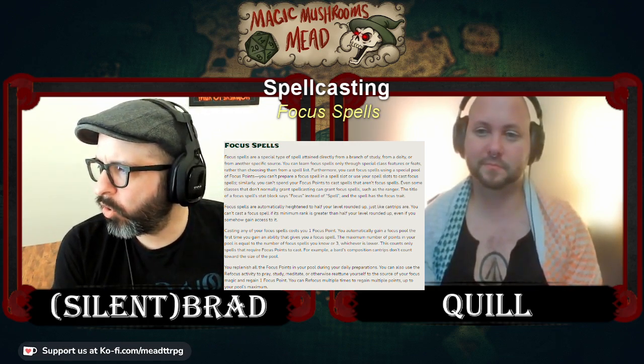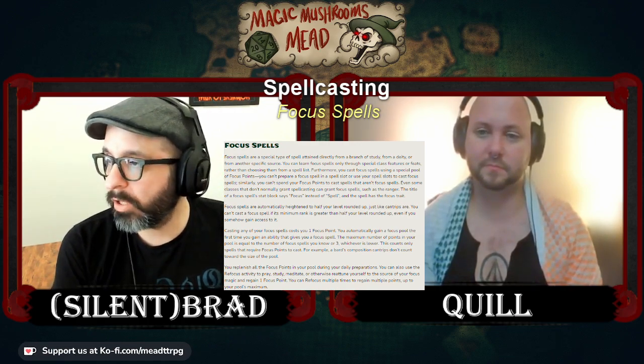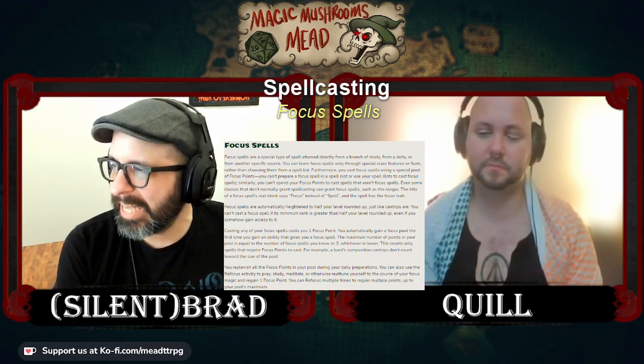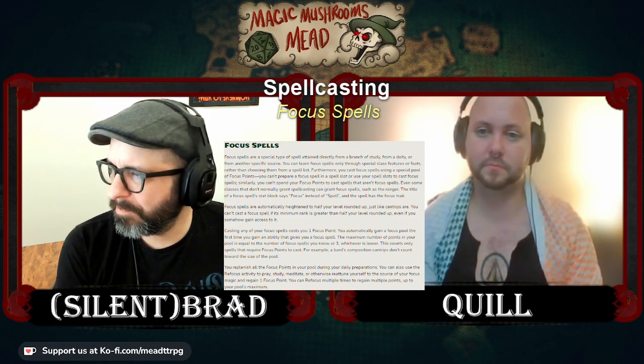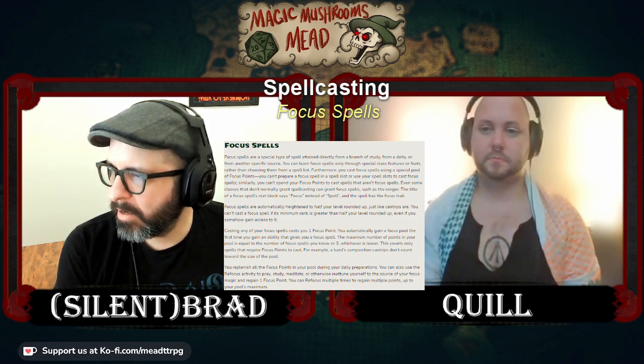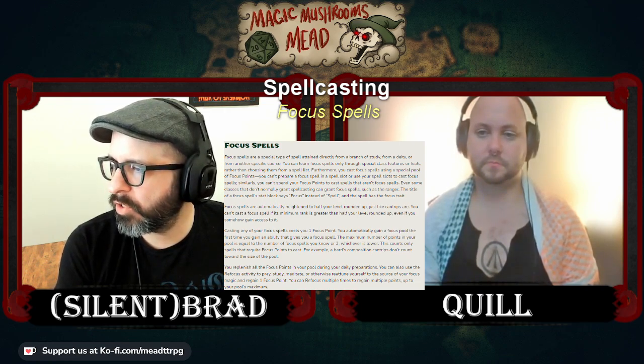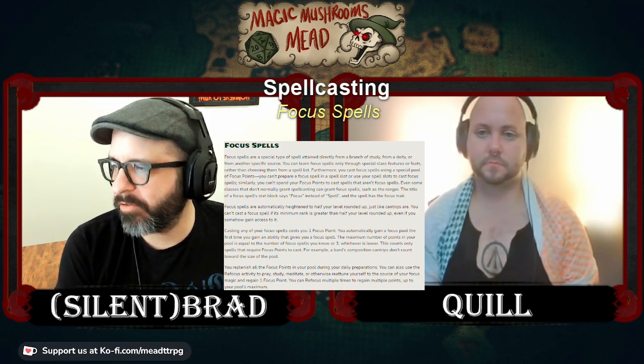I think the largest pool of focus points you can get is 3. The maximum number of points in your pool is equal to the number of focus spells you know, or 3, whichever is lower. So Florence knows 2 focus spells, so you've got 2 focus points, but Not only has 1 focus spell, so he's only got 1 focus point at the same level.